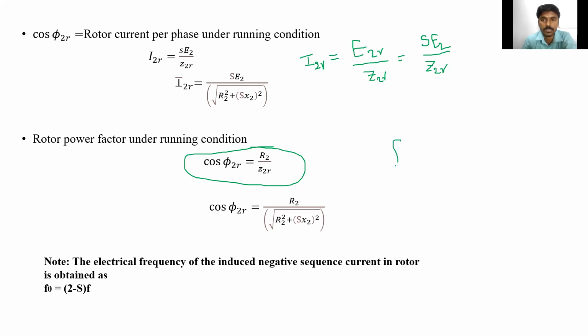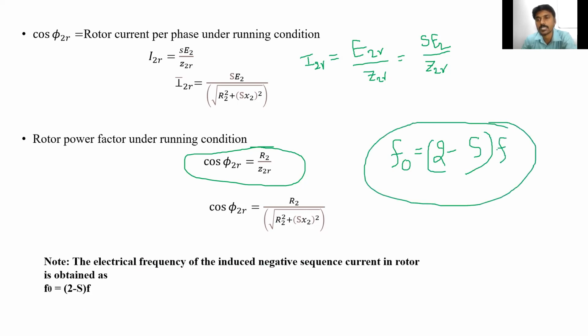So in that case, F0, the electrical frequency of the induced negative sequence current, is equal to (2 minus S) into F. Why did we write minus S? Because of negative sequence. Negative sequence means the current is negative, and if the current is negative, the slip automatically becomes negative.